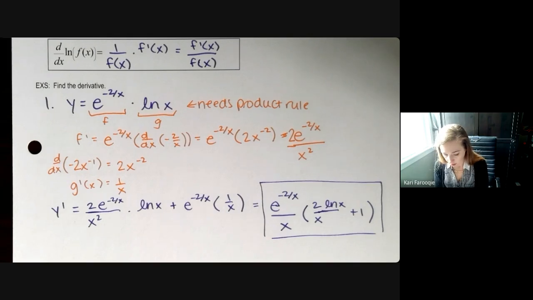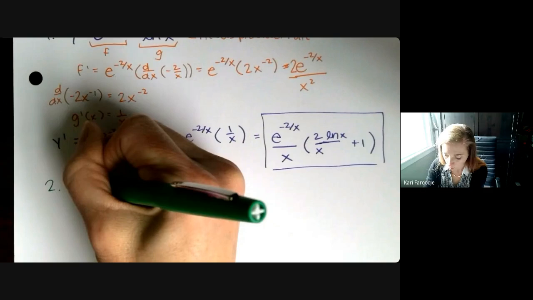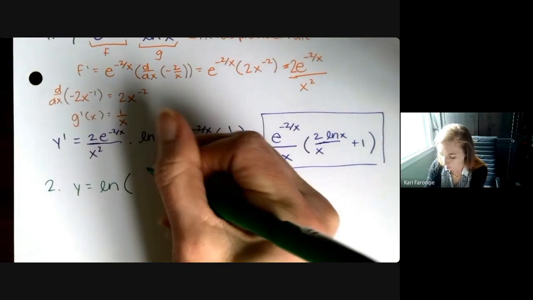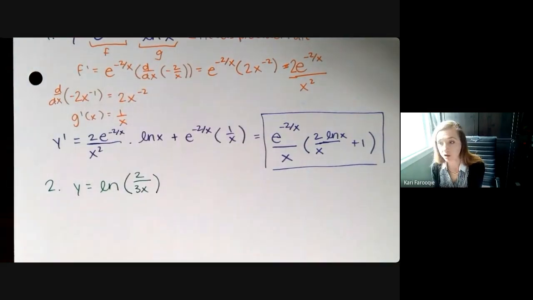All right, next one. This one will be y equals the natural log of, and we're going to put a quotient in here, 2 over 3x.